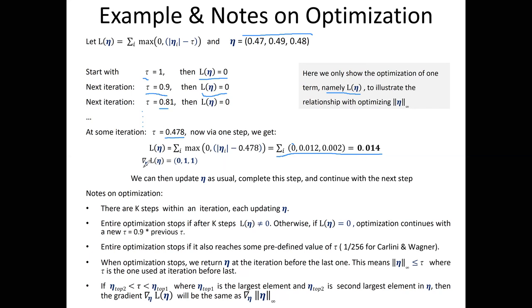And so now the question is, what is the gradient of this L function, of this proxy function, with respect to eta? Because that's the thing that we want to change, right?